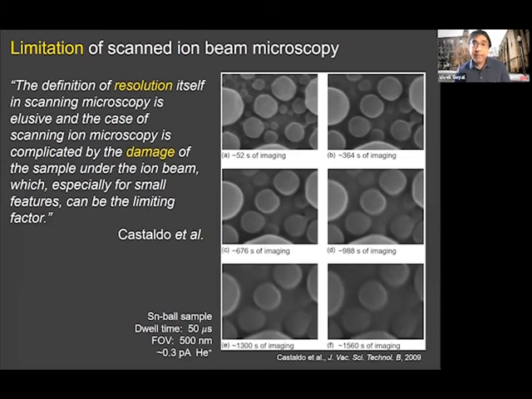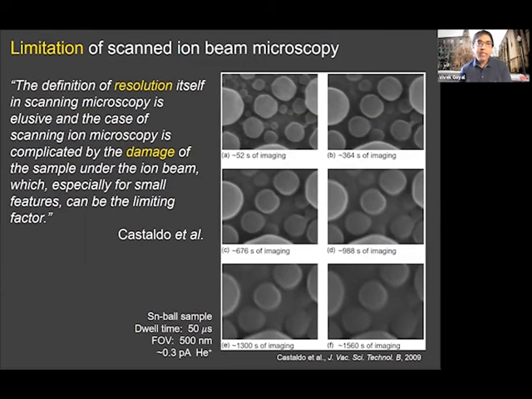One major limitation of helium ion microscopy, and it's actually more significant if you look at ion microscopy with heavier ions, is the damage to the sample. Shown here is the damage to a sample caused by an incident ion beam accumulating over increasing amounts of imaging time.